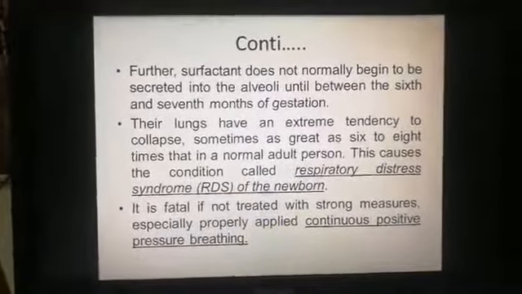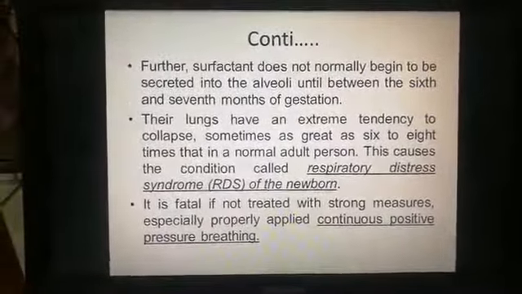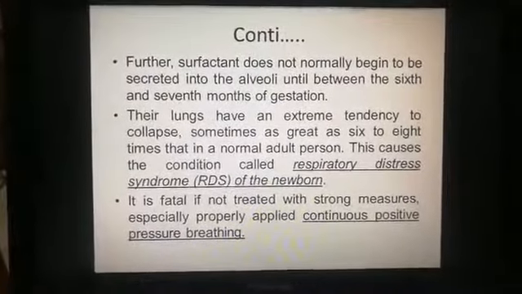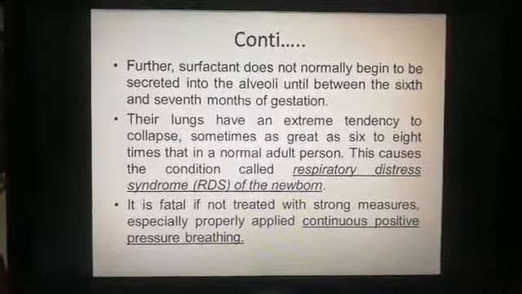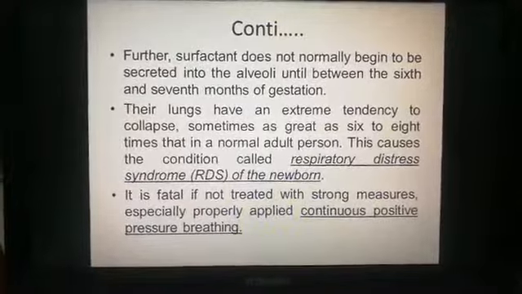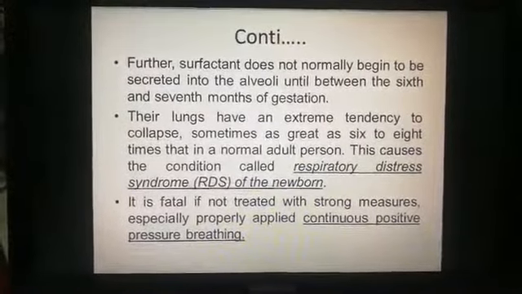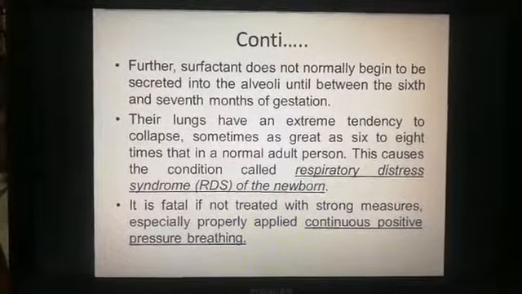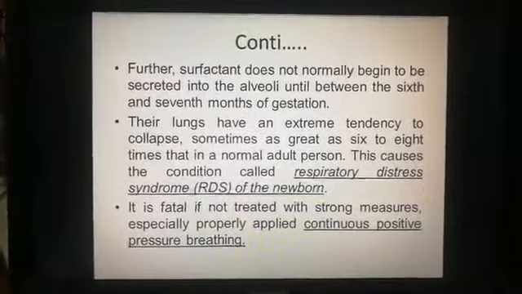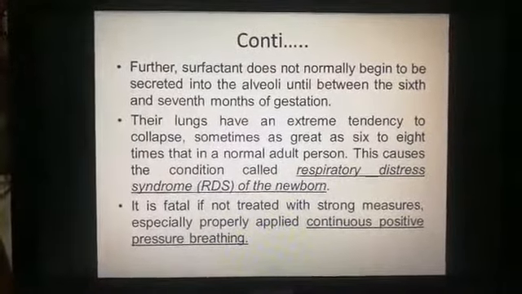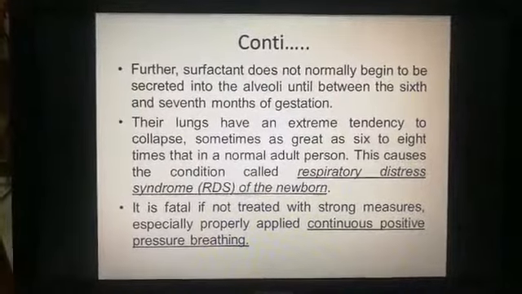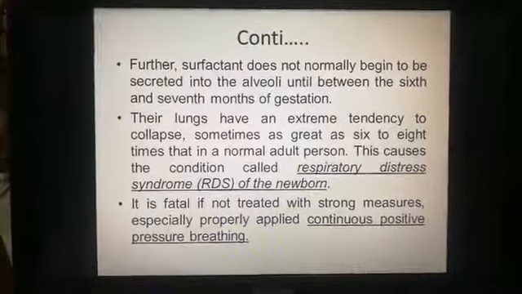Their lungs have an extremely strong tendency to collapse, sometimes 6 to 8 times that in a normal adult person. This causes the condition called respiratory distress syndrome of the newborn.